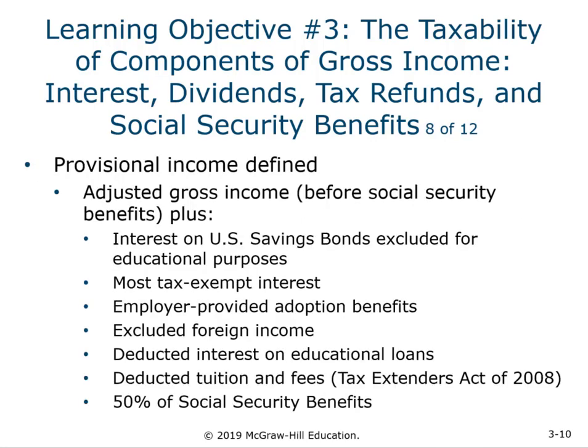Well, it means we have to recalculate our AGI. Okay? So we take AGI without the Social Security benefits. And then the one that's probably most common is you're going to have to add your tax-exempt interest back in. Remember, tax-exempt interest is left off of AGI. Now we're going to put it back in. That's why we have to put it on the 1040, even though it's not included in AGI.